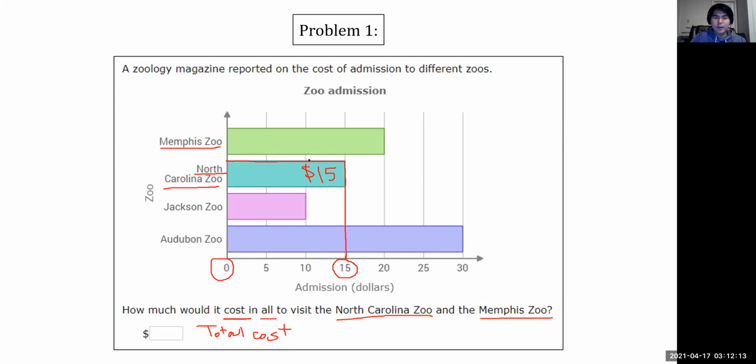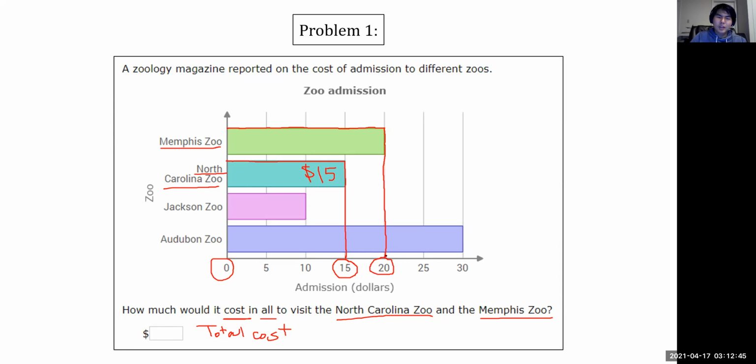Okay, I'm going to do the same thing for the Memphis Zoo now. I'm going to trace a horizontal line all the way to the right until I reach the end of the bar. I have reached the end of the bar, and now I will trace a vertical line going down to the axis so I can get its corresponding number.